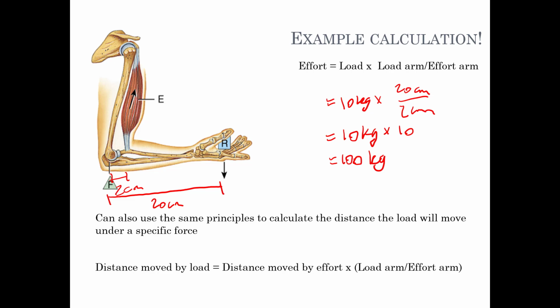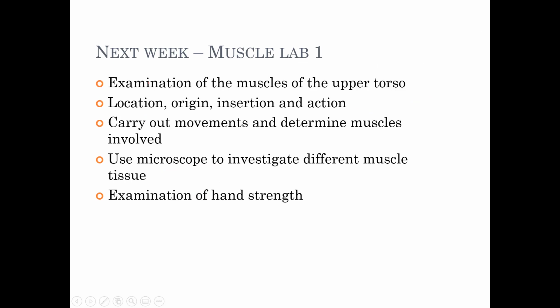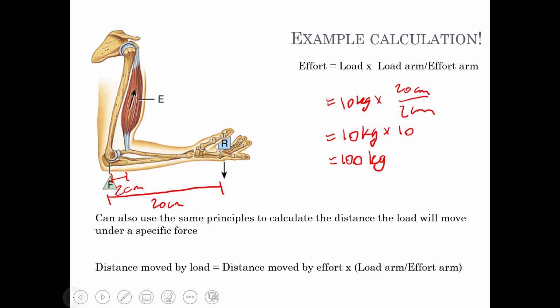Okay? We can also, though, use the same principles to calculate the distance the load will move under a specific force. We can still use the load arm divided by the effort arm, so we can keep this value here. But say that our biceps brachii muscle, let's just go back, is going to contract by 2 centimeters.